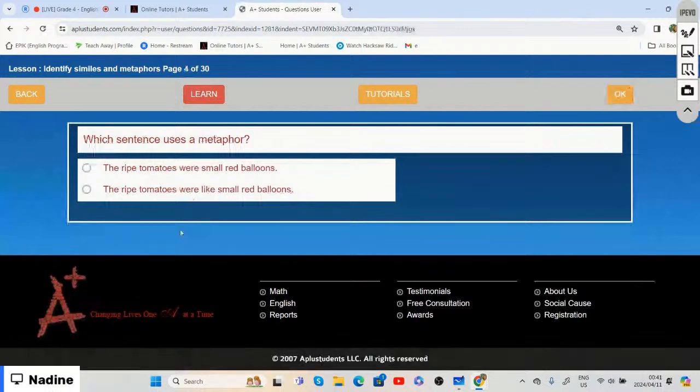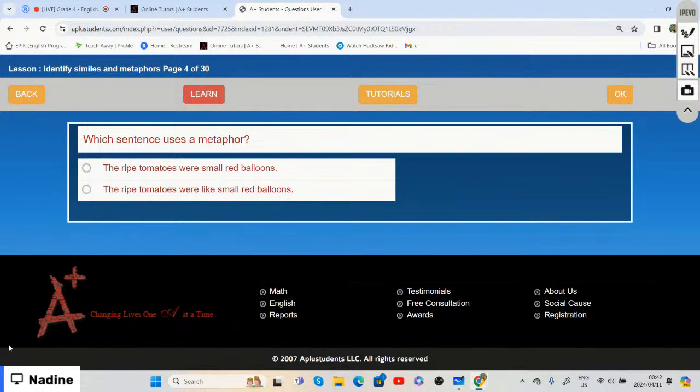Which sentence uses a metaphor? It says, the ripe tomatoes were small red balloons, or the second one, the ripe tomatoes were like small red balloons.